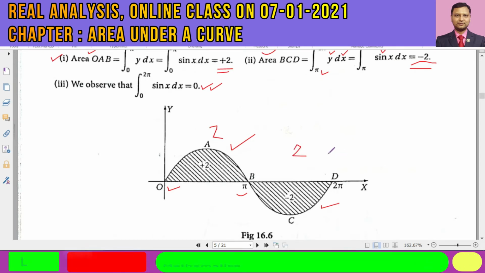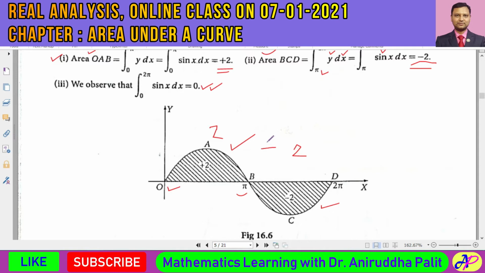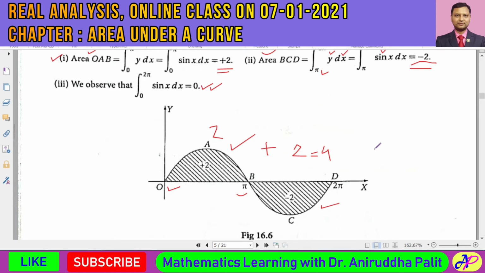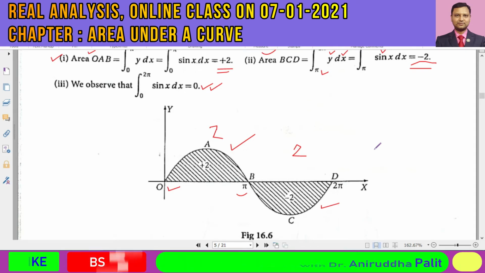So altogether we get 2 plus 2, that is 4 units of area. In this fashion you will have to answer these questions, otherwise you will get wrong answers.